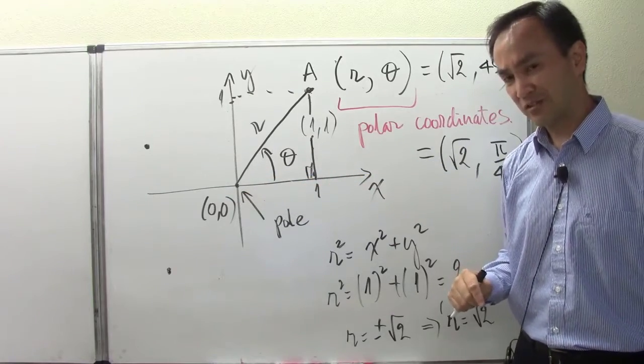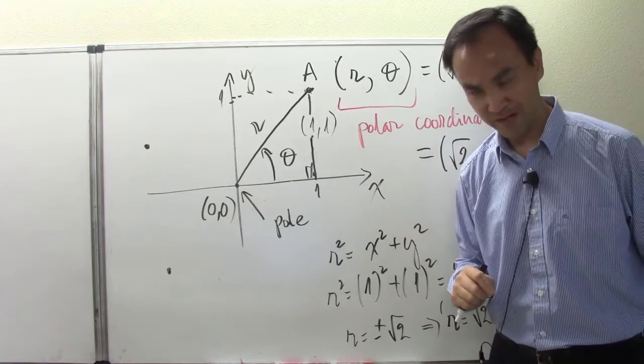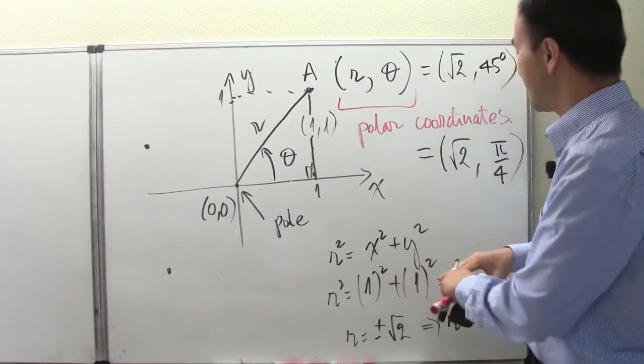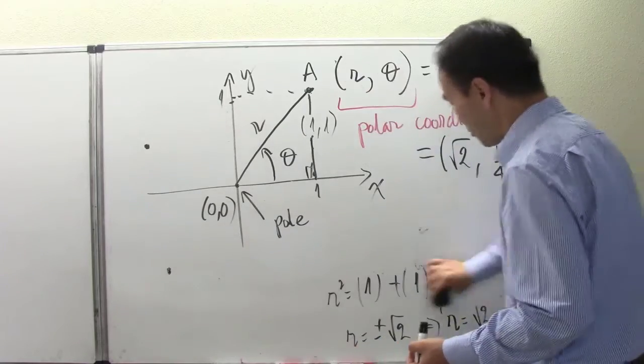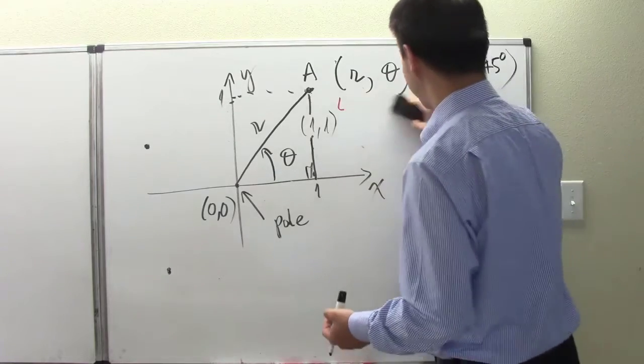And there are still more. This is just the very first introductory understanding. All right, that's what it is about polar coordinates. So let's now try to understand even further.